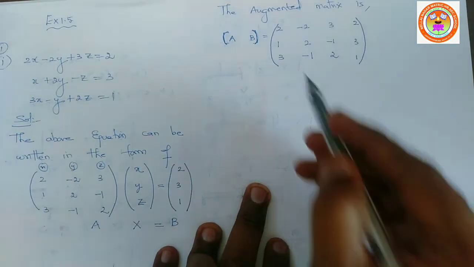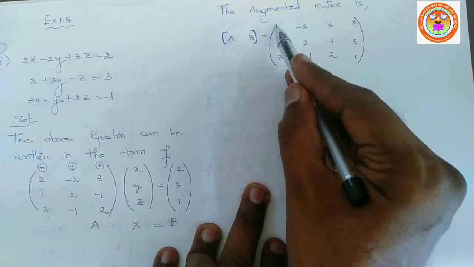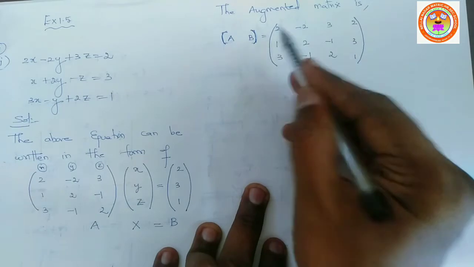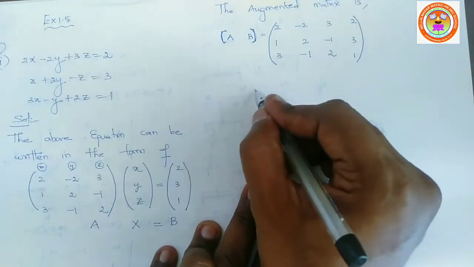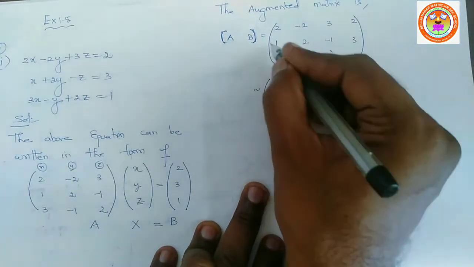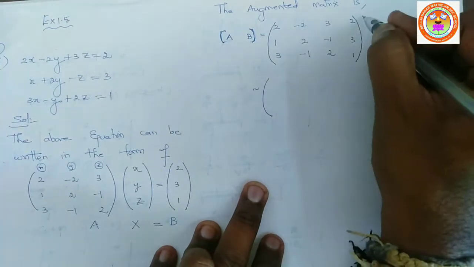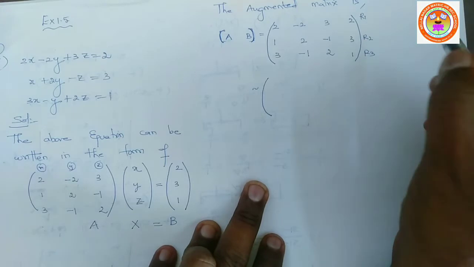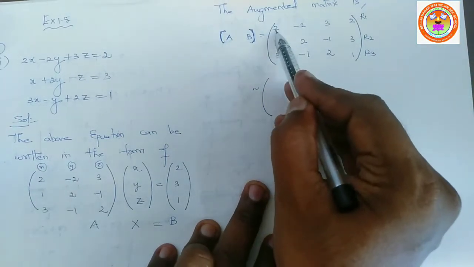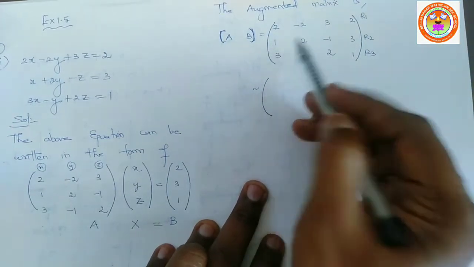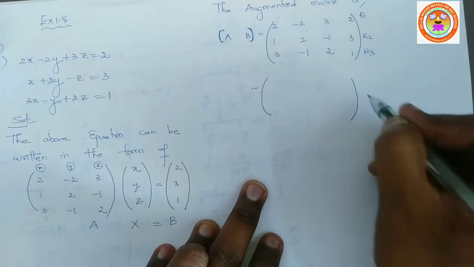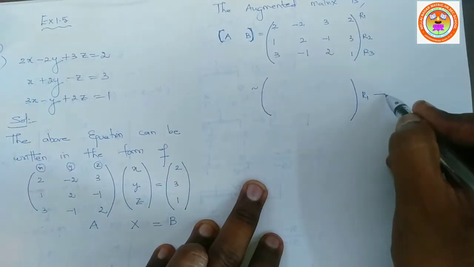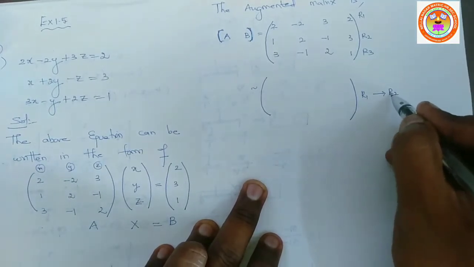Now I have told you, if A11 is always 1, it will be very easy. This is R1, this is R2, R3. So I need to interchange R1 and R2.